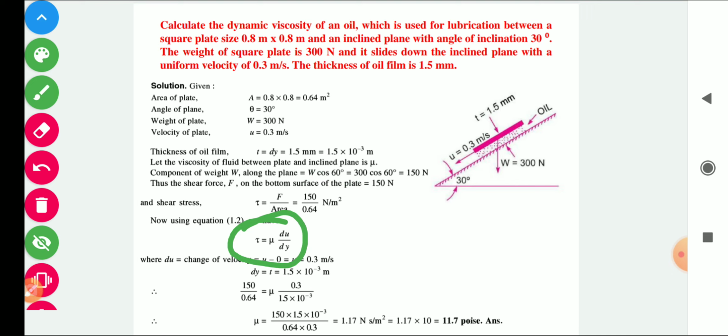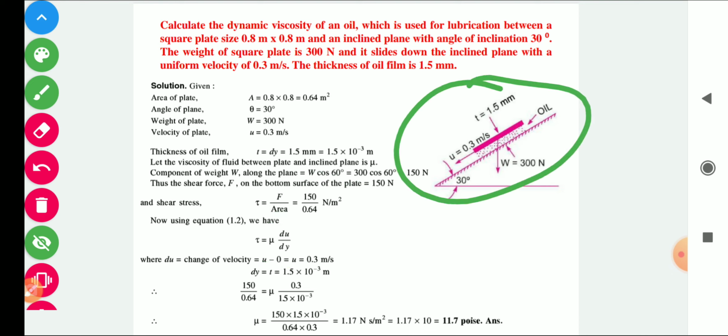Now du is the difference in velocity of top and bottom layer of the fluid. As you can see in the diagram, the inclined surface is stationary and this plate is moving with a velocity of 0.3. So the difference in velocity will be 0.3 minus 0, so du will be equal to 0.3.